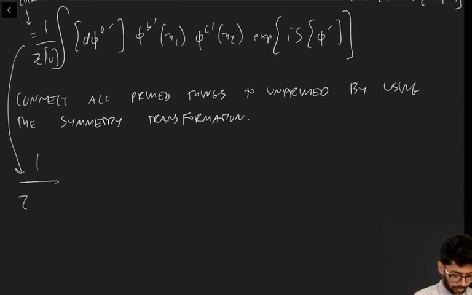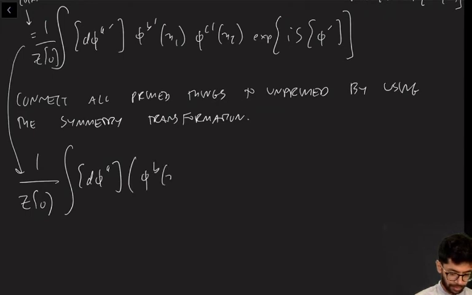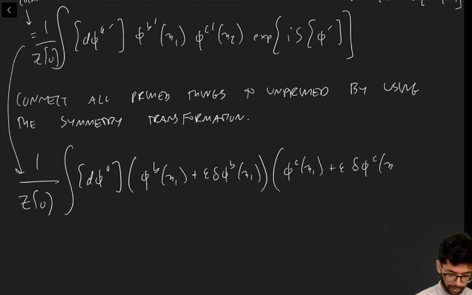here we go, this is a bit lengthy, the measure does not change, phi_b prime becomes phi_b of x1 plus epsilon delta phi_b of x1. Phi_c prime becomes phi_c of x2 plus epsilon delta phi_c of x2, sorry.